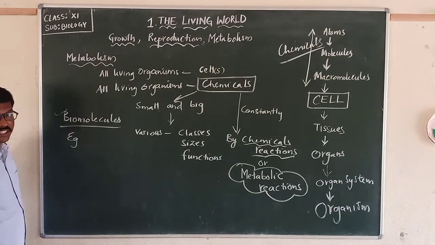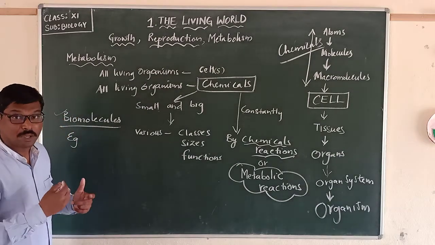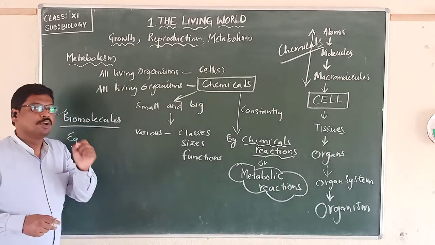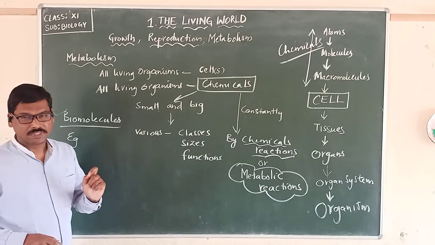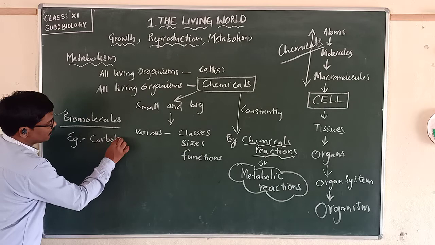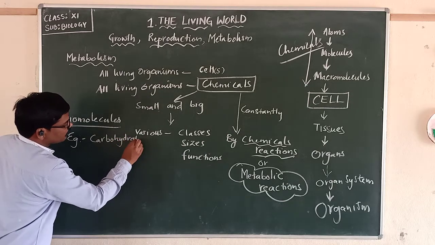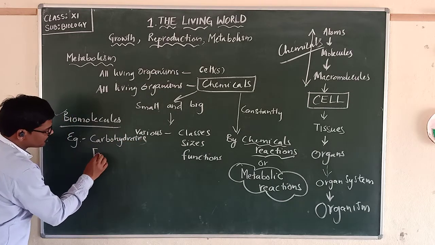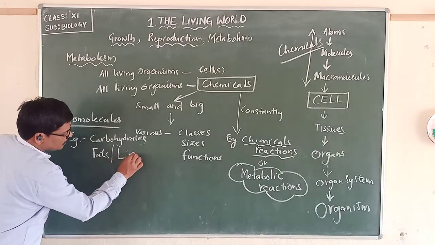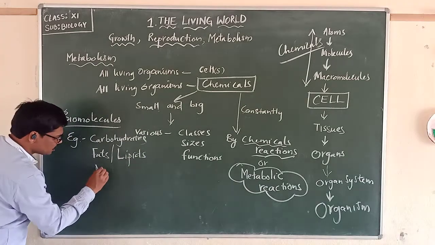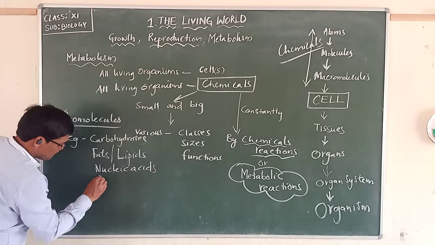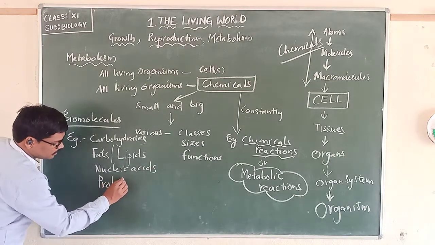Those chemical substances which support the life. So biomolecules are the chemical substances which will support the life. For example, you can take the carbohydrates, then the fats, or let us say the lipids, then the nucleic acids, and even very important ones called as the proteins.